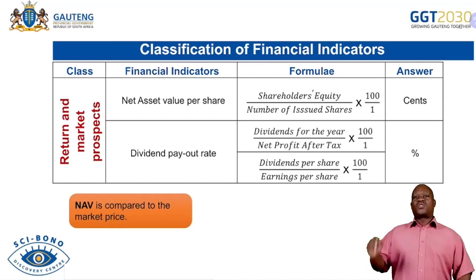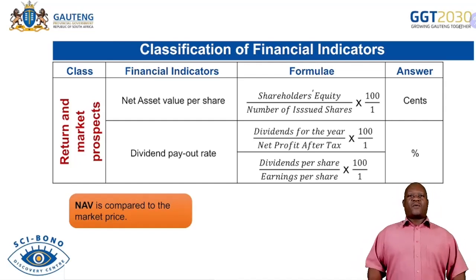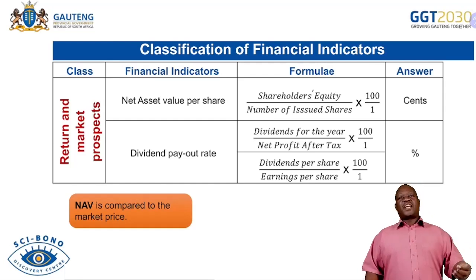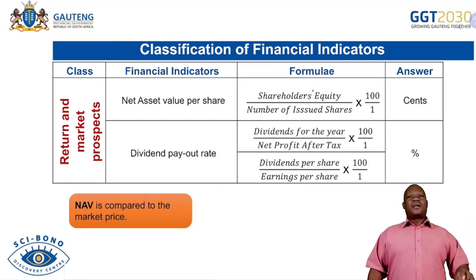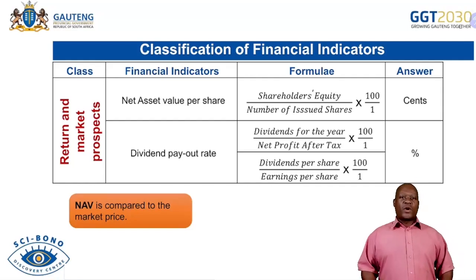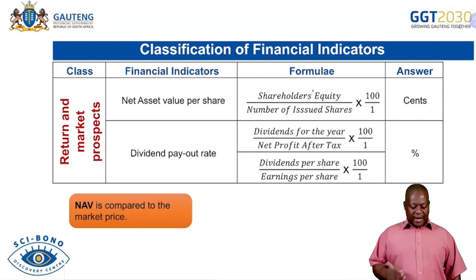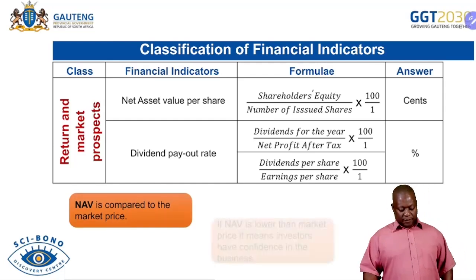Remember, when it comes to the stock exchange, it has got something to do with the demand and supply of those shares. So it might happen that though every share is valued at 10 Rand, it is highly demanded such that people are prepared to pay 15 Rand for that share. So you are always going to see a comparison between the net asset value and the market price of a share on the JSE.